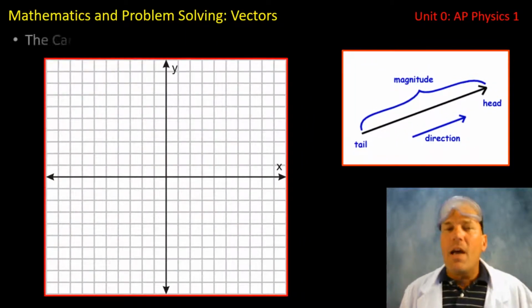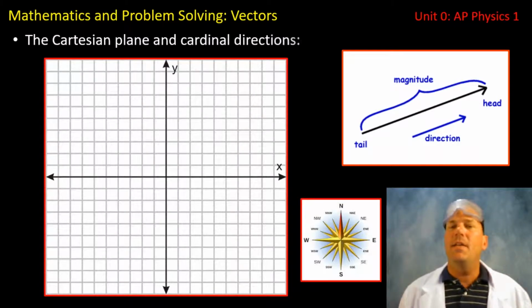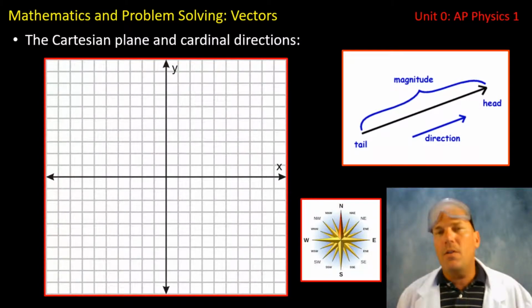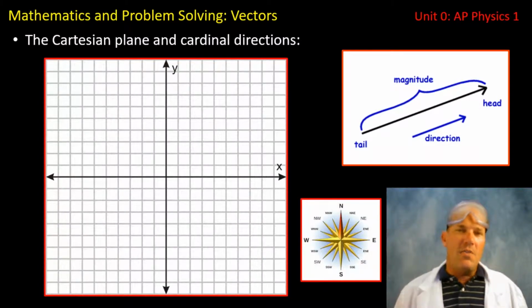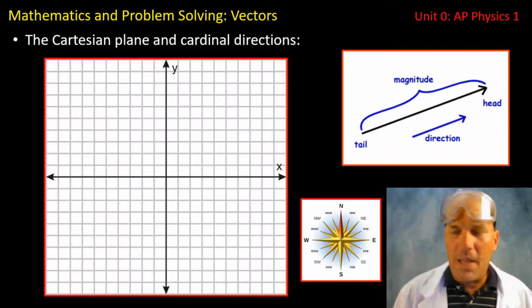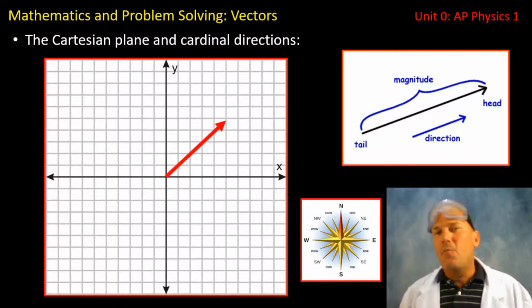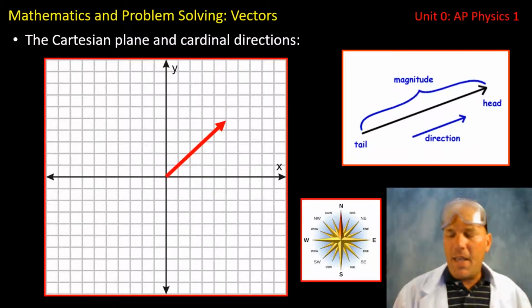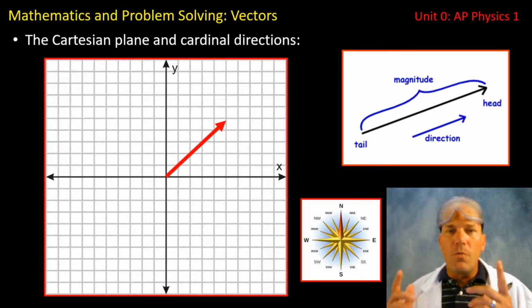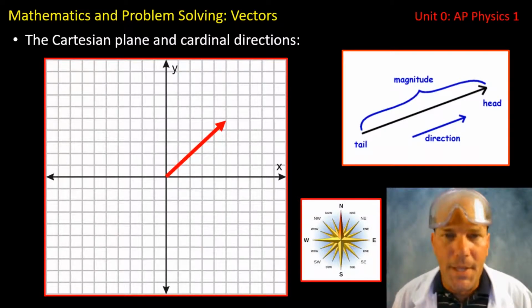So on the Cartesian plane, we're going to use something called cardinal directions. Now, you know cardinal directions. You may just not have heard them called that: north, south, east, west. We're also going to be looking at angles relative to the Cartesian plane.